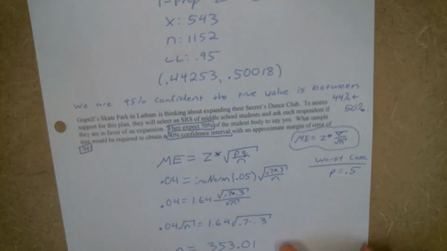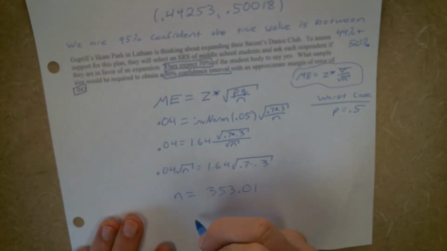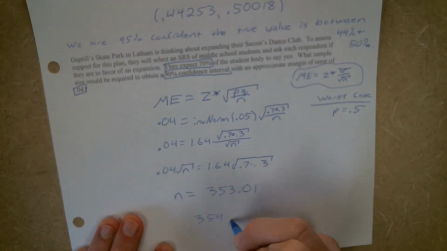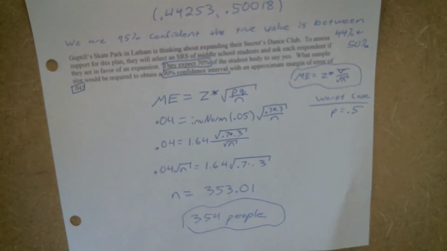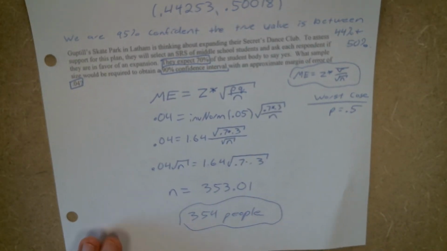And for these questions, we always round up. So this would be 354 people. Because if you round down, technically, you're going to be above this margin of error, and you'd rather be below it. All right, so 354 people. But again, knowing this formula and then being able to work through it and get whatever you need to get to.